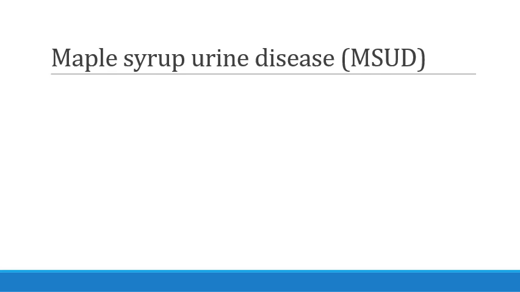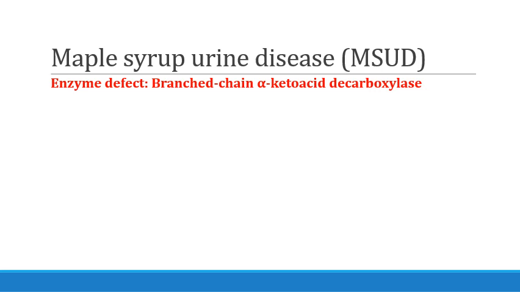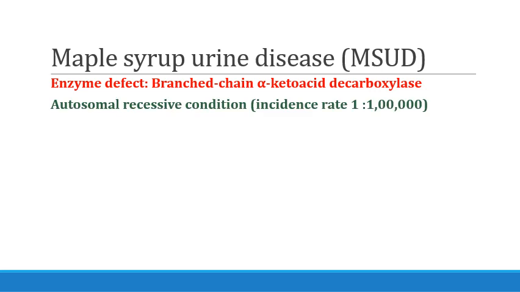Then comes maple syrup urine disease, a disorder of branched chain amino acid metabolism, also known as MSUD. The enzyme defect is branched chain alpha keto acid decarboxylase. It is an autosomal recessive condition with an incidence rate of 1 case per 1 lakh live births.